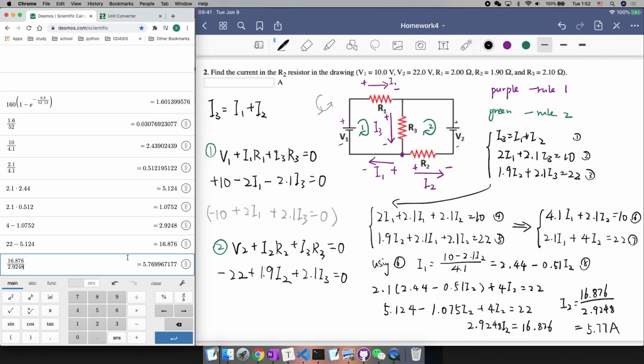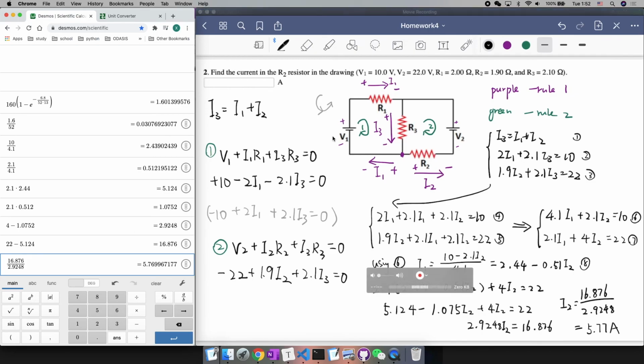Alright, this is the final answer. I might have some calculation mistakes, so if you have any questions, or if my answer is different from yours, please let me know. Also for this kind of question, we can actually examine our answer.